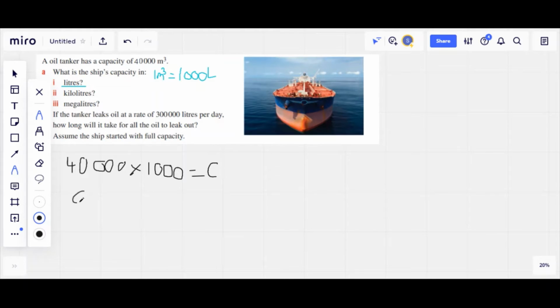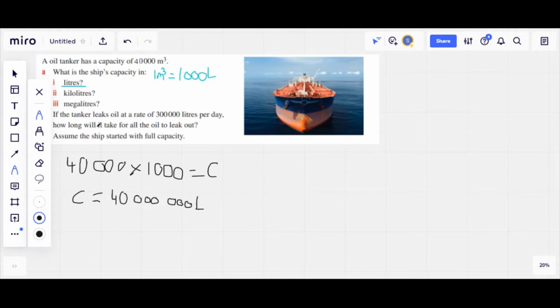So our capacity of the ship in liters is equal to 40,000 times 1,000. That gives us 40 million liters. So 40,000 and then another multiply by 1,000. So we're going to add 3 more zeros on. So that's 40 million liters. So let's write that L for liters.